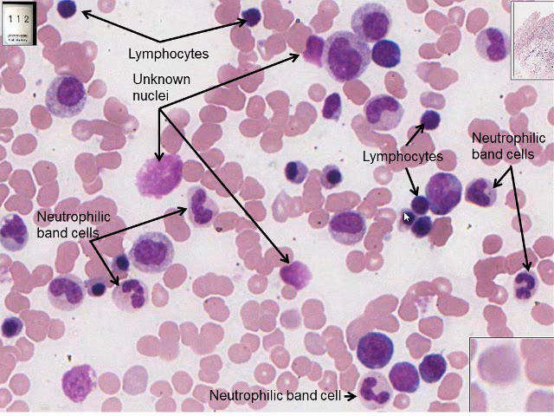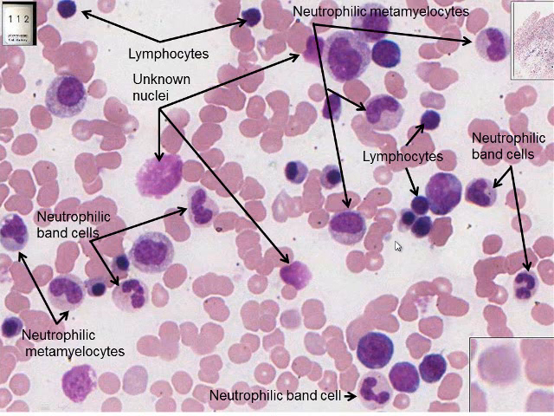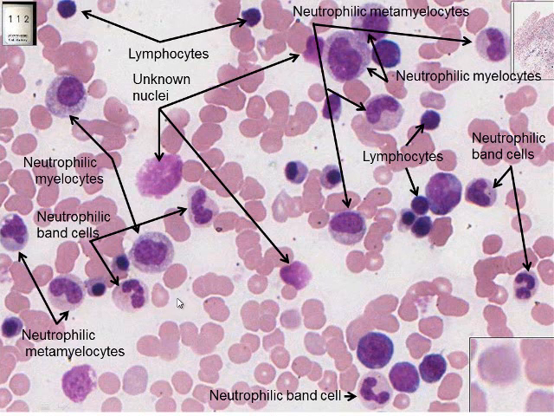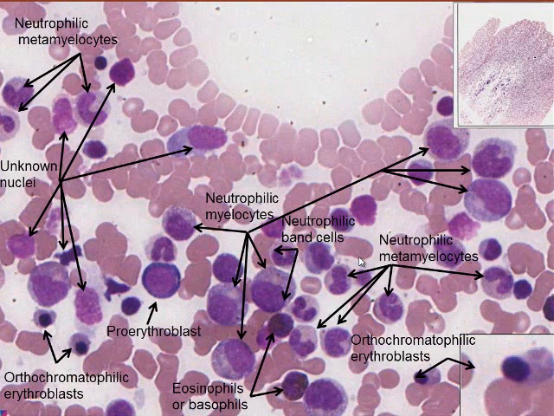You can see these orthochromatic erythroblasts. You can see the band cell, lymphocytes, neutrophils that you can see. These are metamyelocytes in through there and there, as we can see. Myelocytes, metamyelocytes versus myelocytes, and the promyelocyte that we can see.